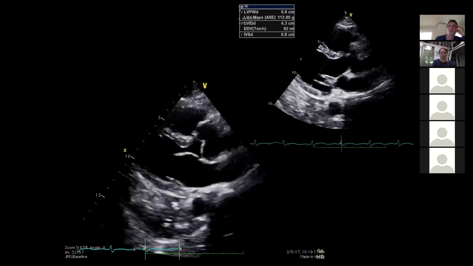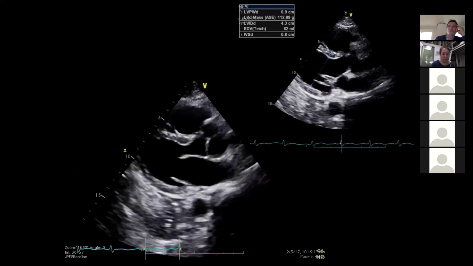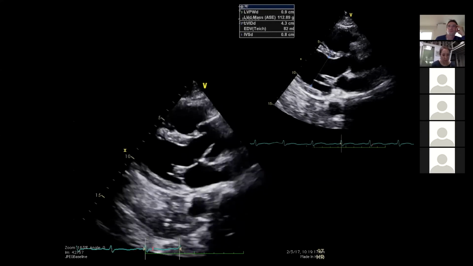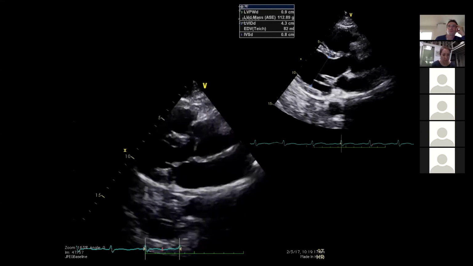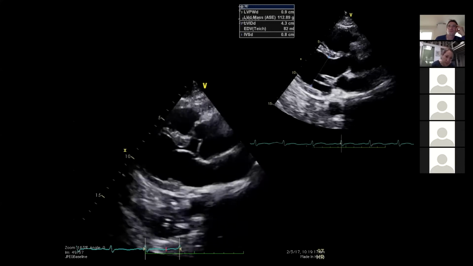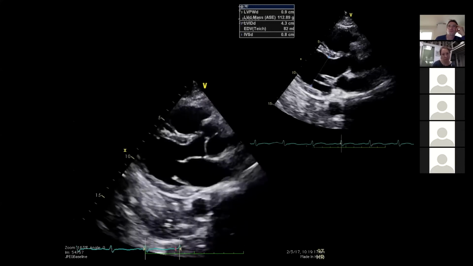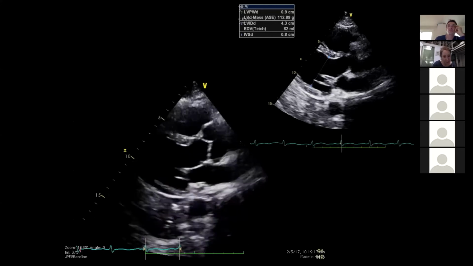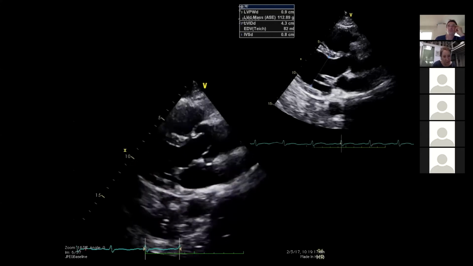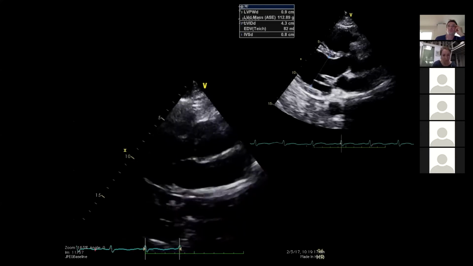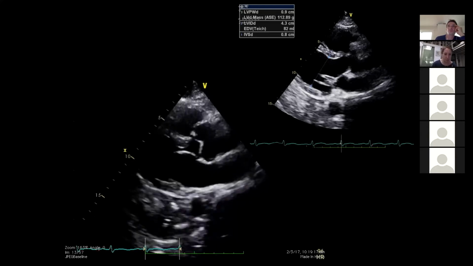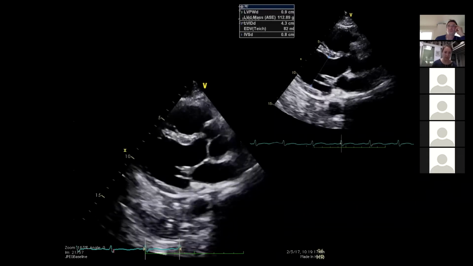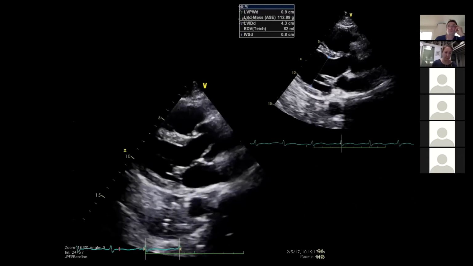Go for it. All right, so this is a parasternal long axis view. I think it actually doesn't look as bad as I was expecting it to look. The RV, the aorta, the LA, they're all sort of equidimensional, so there's no evidence of significant RV dilatation on this particular window at the level of the RVOT.